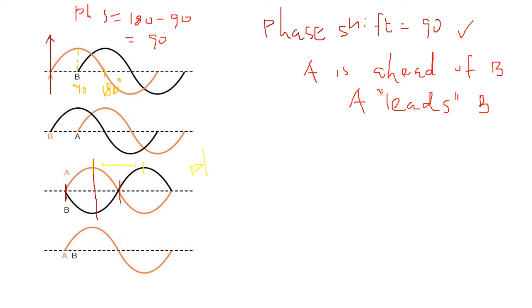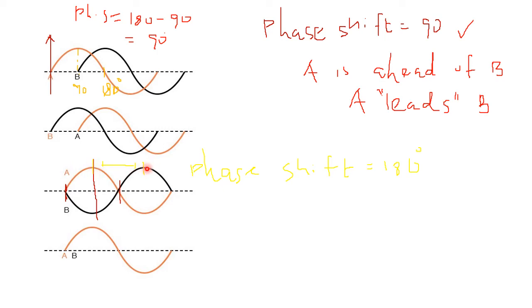Phase shift will be 180 degree. Be careful with the polarity. This is the negative portion and this one is the positive portion. When we consider the maximum value, we have to take these 2 points.